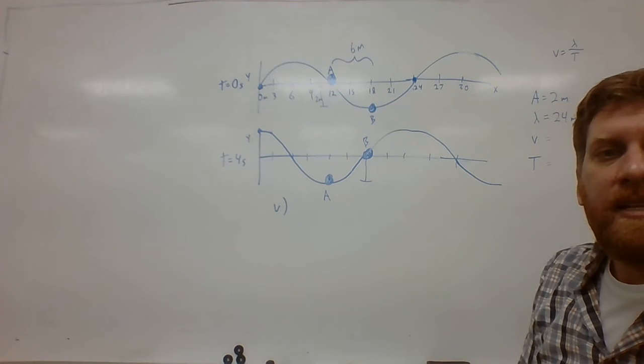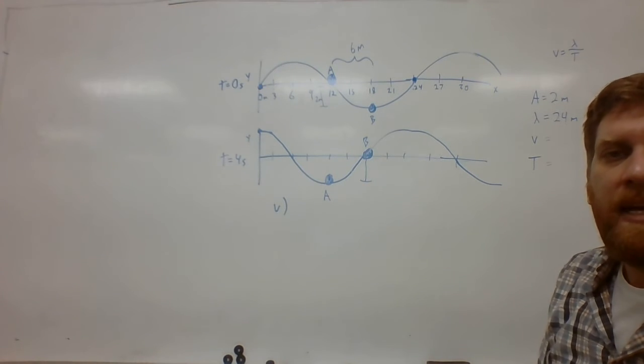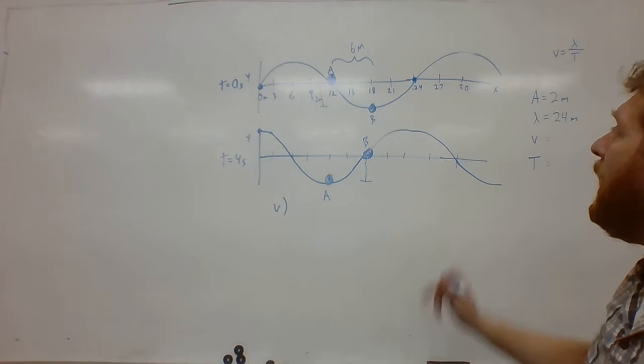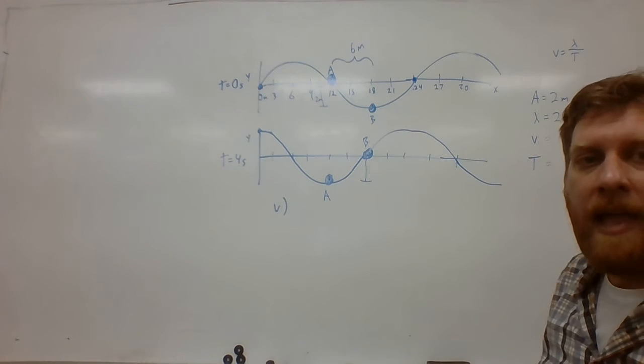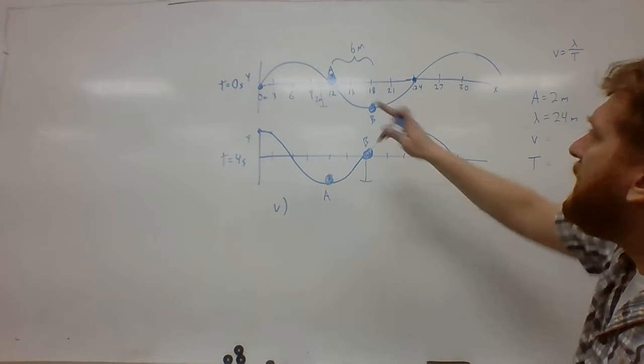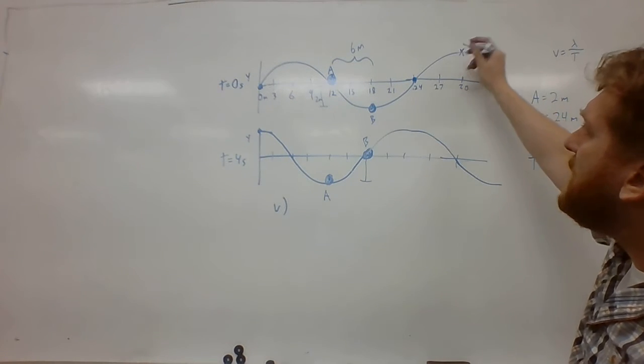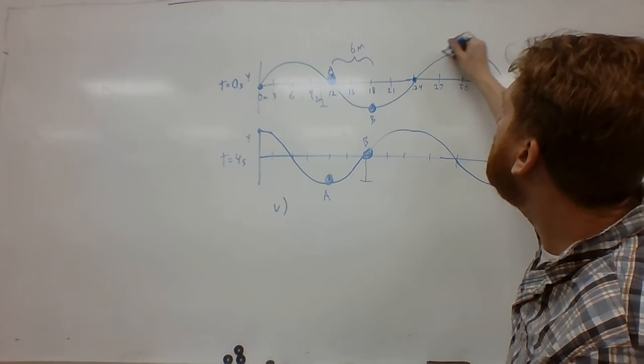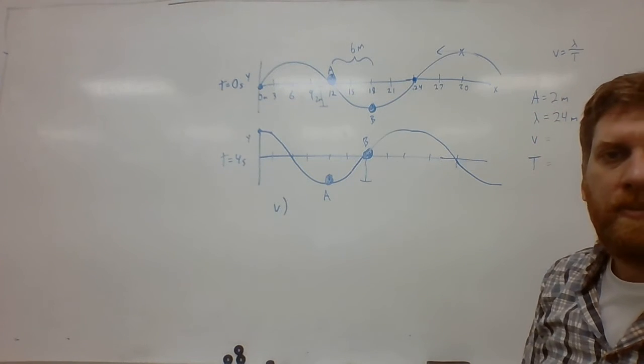It'll be easiest in this case just to determine the velocity and then to use this equation to find the period. Let me show you why. I tell you that the waves are moving to the left. What that means is, if I take some wave crest at time 0, at time 4 seconds this crest has moved somewhere in that direction.